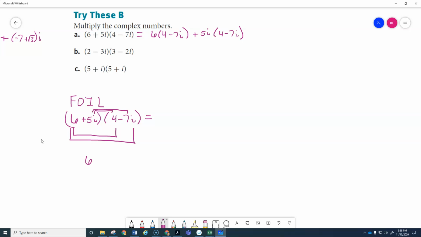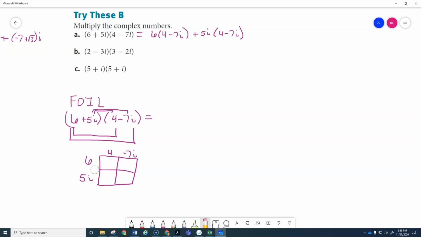You can do the box method. You can do 6 and 5i, and you can do 4 minus 7i. And I think I put too many lines, so let me erase this one.